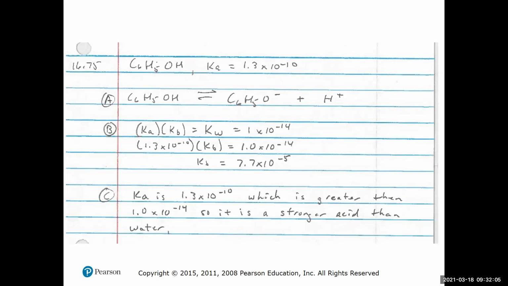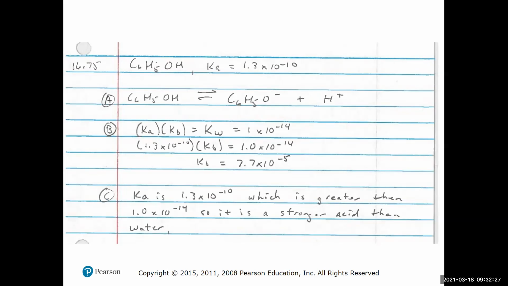So here's phenol, C6H5OH. That can deprotonate to C6H5O minus and then give us a proton as well. So we write that.